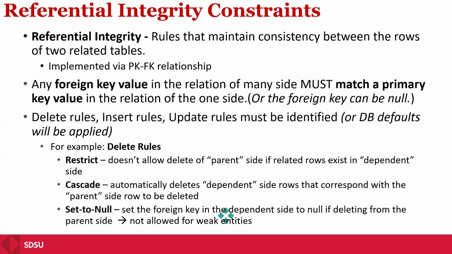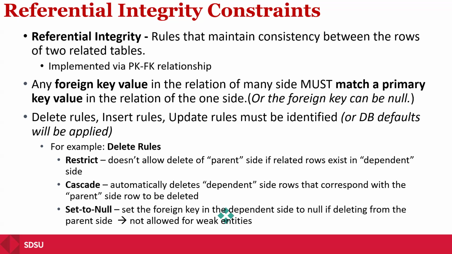Right. Referential integrity constraint. Referential integrity is a set of rules that helps us maintain consistency between the rows of two related tables, which is implemented through foreign key and primary key relations.